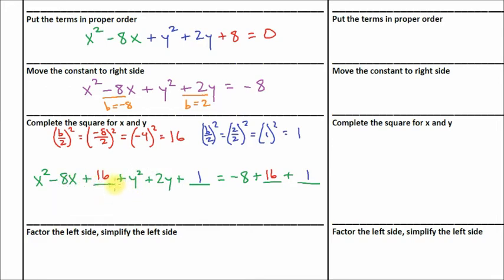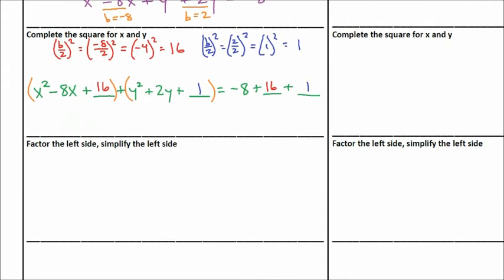At this stage, I want you to see that we can look at these three terms in the front as our x quadratic, and here's our y quadratic. The next step is going to ask you to factor the left side and simplify the right side. We're going to factor this trinomial and simplify this side.